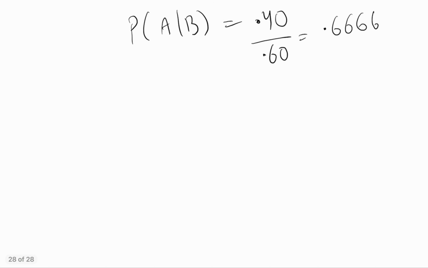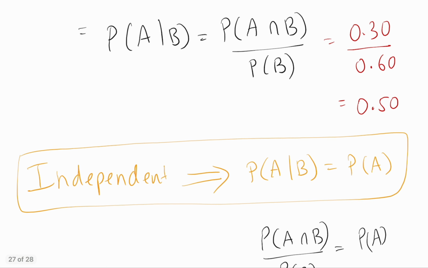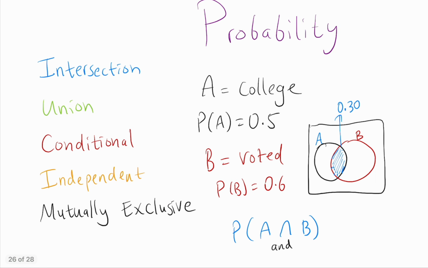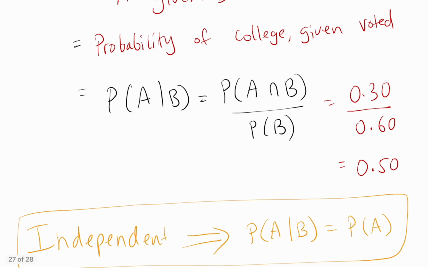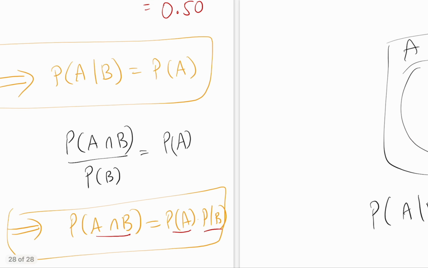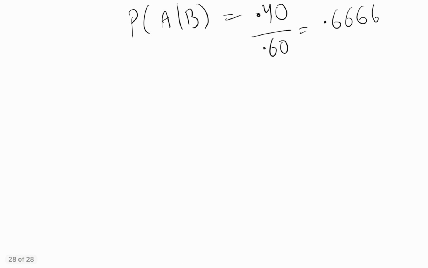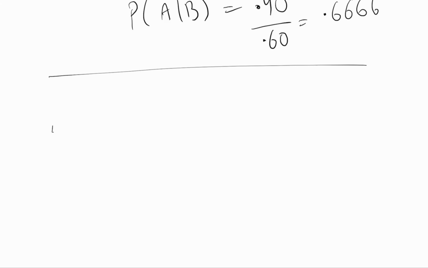Finally, a lot of people confuse independent with what's called mutually exclusive. A lot of times people think independent and mutually exclusive are kind of the same thing. But it's actually the opposite, because mutually exclusive just means that there's no overlap at all.